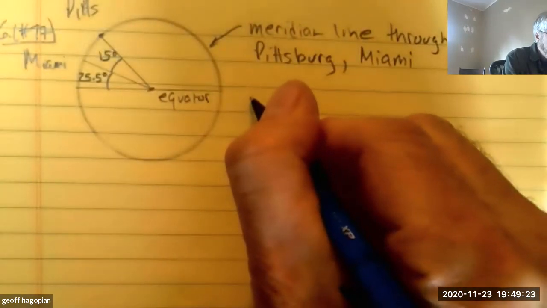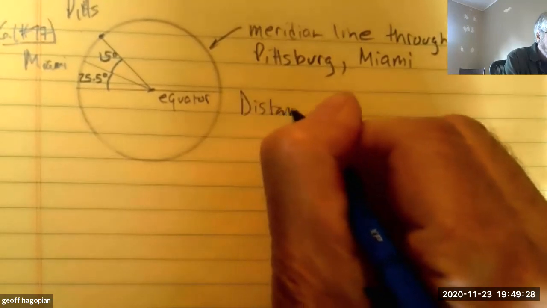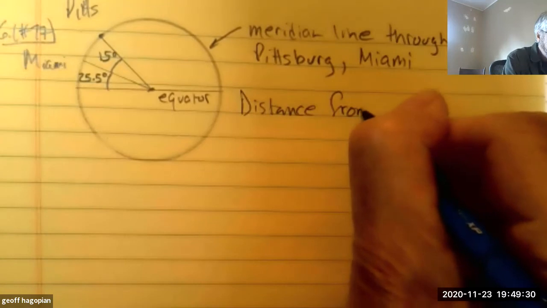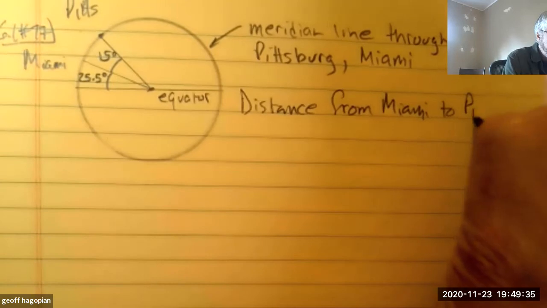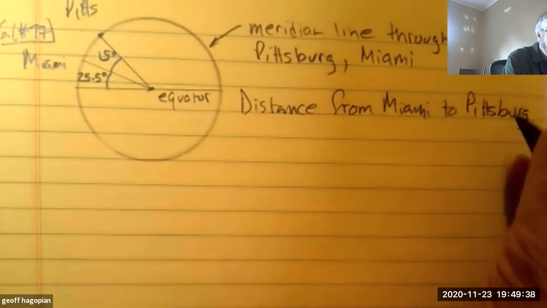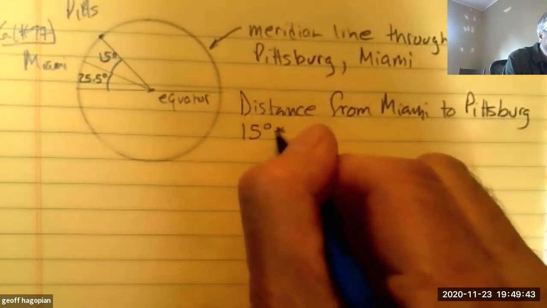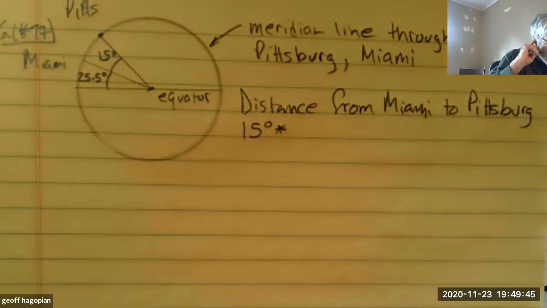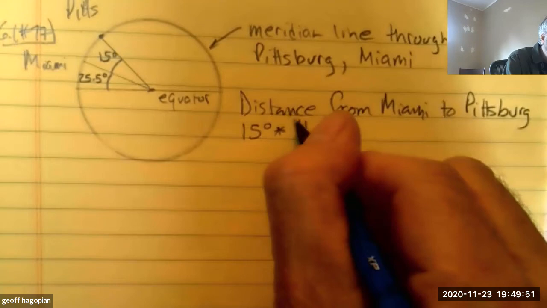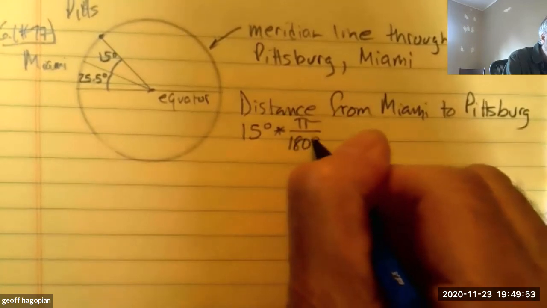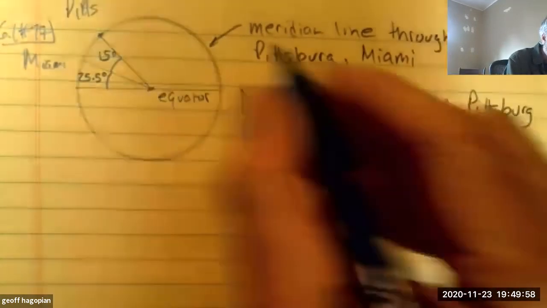So the distance from Miami to Pittsburgh. And in degrees it is 15 degrees, right? But we want to convert that to radians by multiplying by pi divided by 180, right? And then we want to multiply that by the radius of the circle.